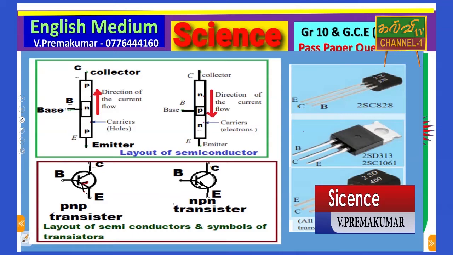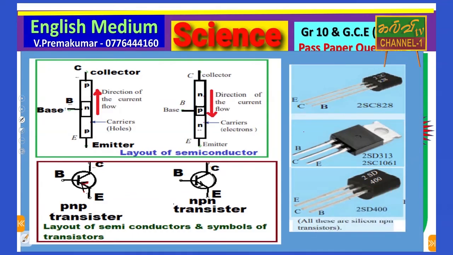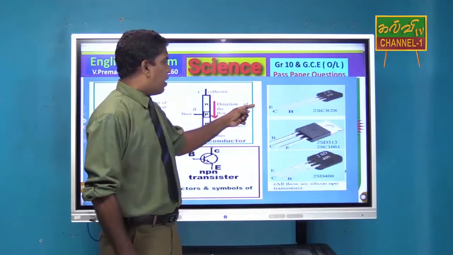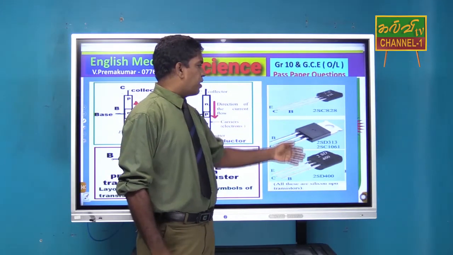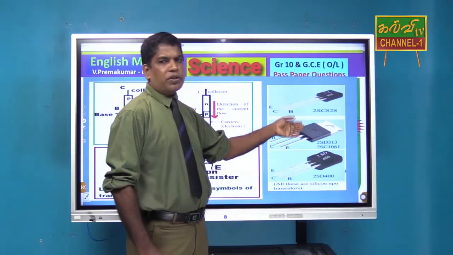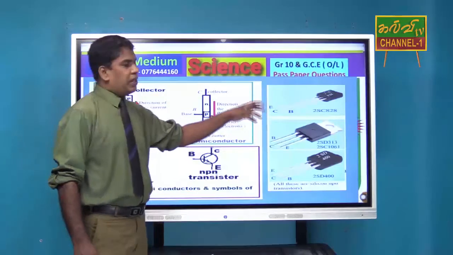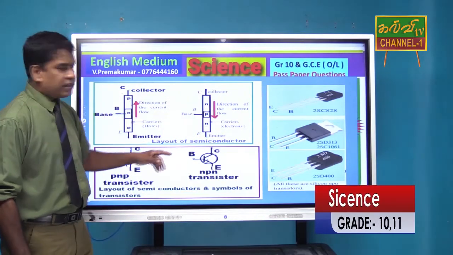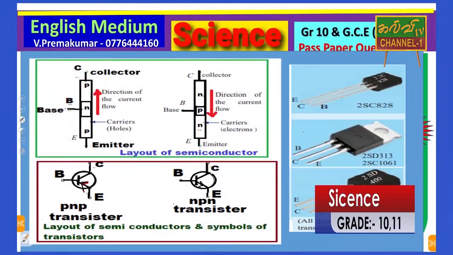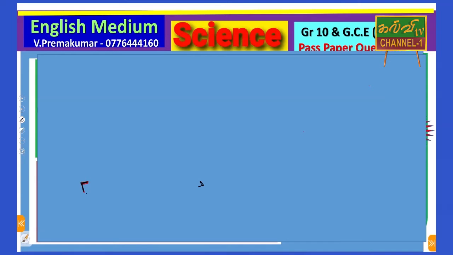So now the real transistor is here. There are so many shapes of transistors, but these are examples. You can find these kinds of transistors in computer circuits or electronic circuits. Those are real transistors.